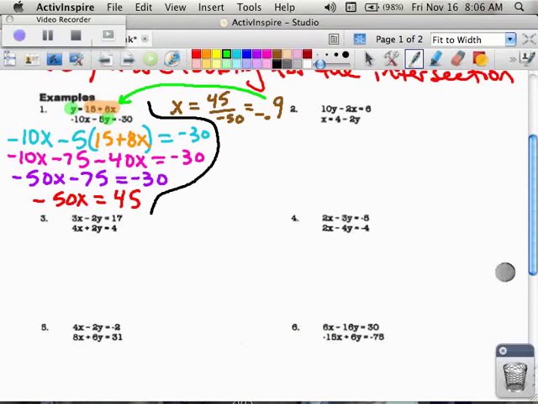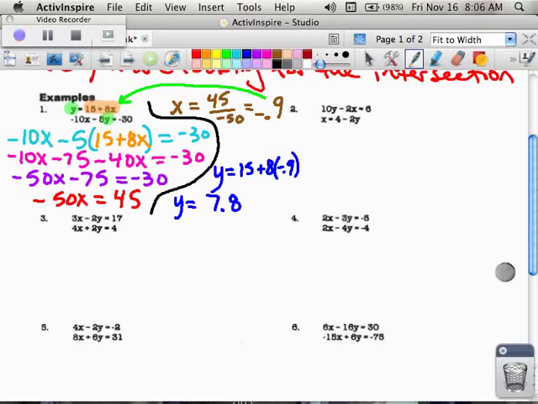So your y value is going to be equal to 15 plus 8 times that negative 0.9. So y comes out to be whatever that is when you multiply that all out and add. So in this case, my y value is 7.8.